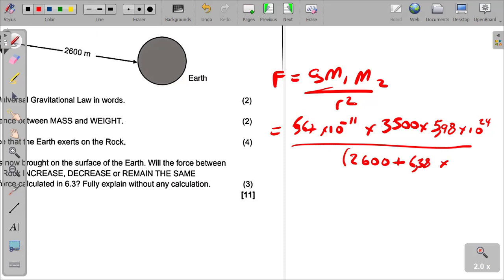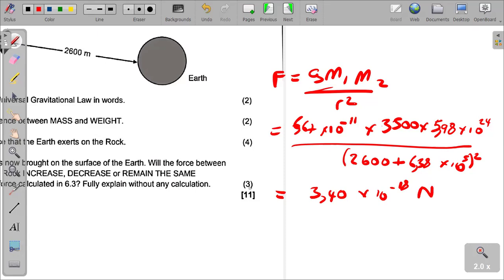It's given again on the data sheet, bracket squared. So that gives us 3.40 times 10 to the power of negative 18 newton. That's our force. We've performed the calculation there.